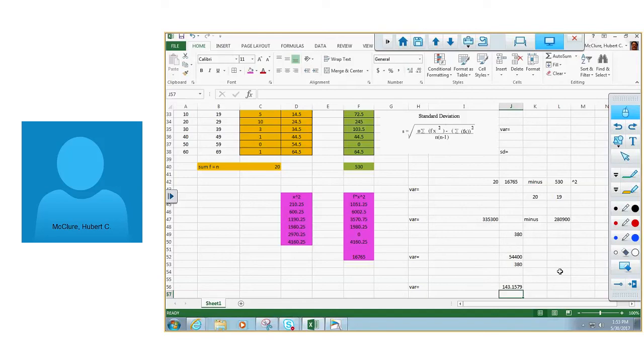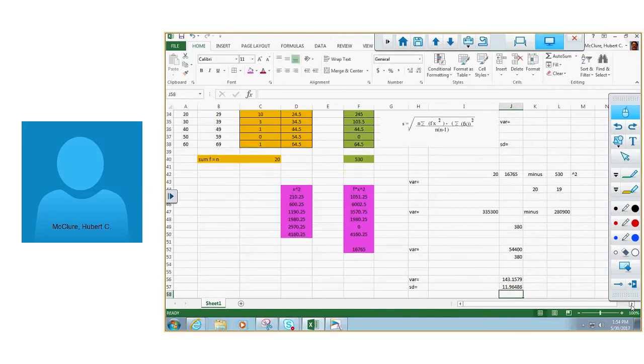And then it's real easy to find the standard deviation. Standard deviation is equal to that number raised to the 1/2 power, that number raised to the 0.5 power. I got 12.